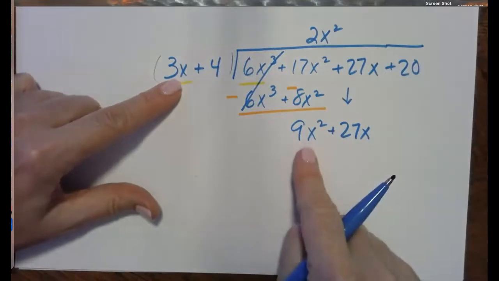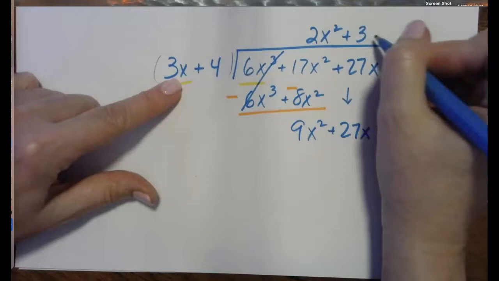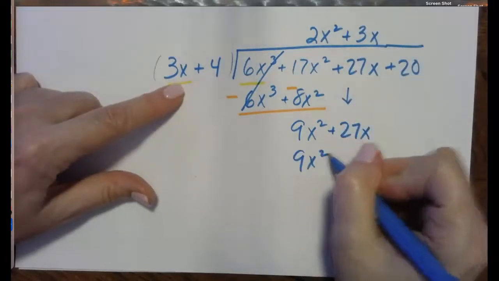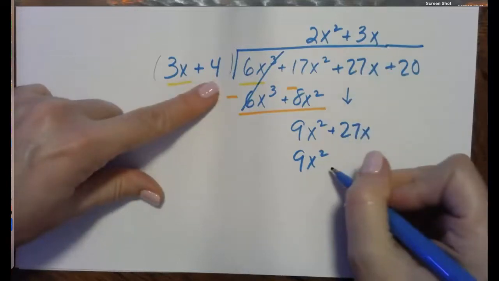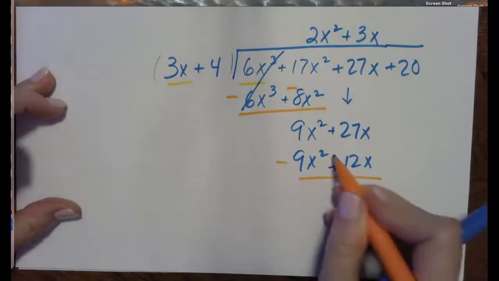3x divided into 9x squared is plus 3x. 3x times 3x gives us 9x squared. 3x times 4 is plus 12x. Again, draw the line, change the signs.